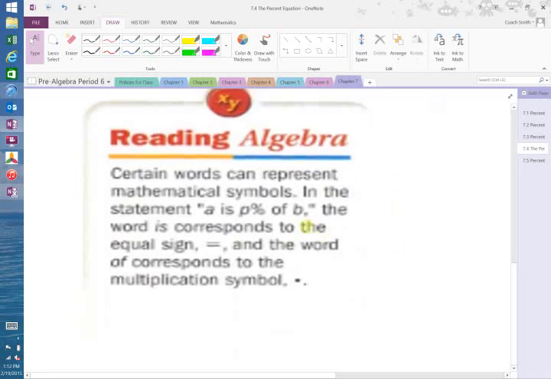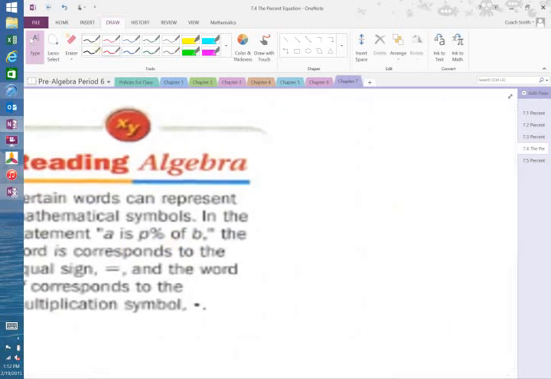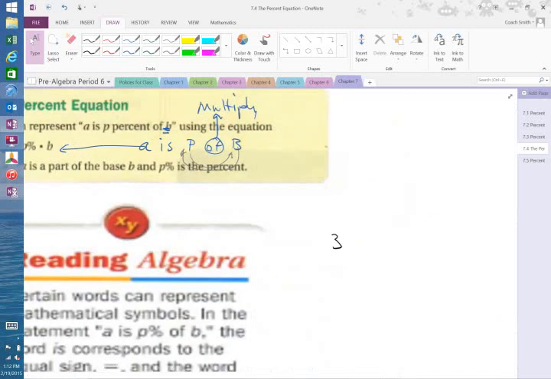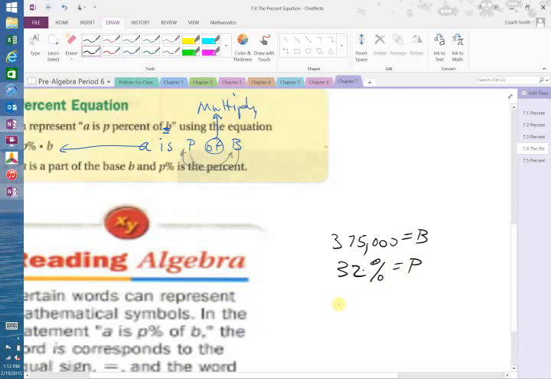So if I look at this example they've given us, 375,000 is my B, 32% is my P, and we are looking for A.